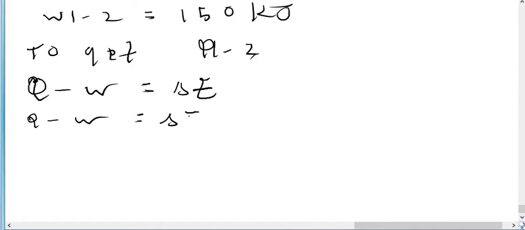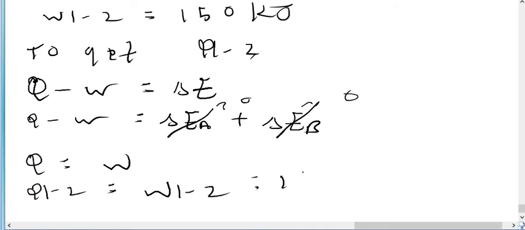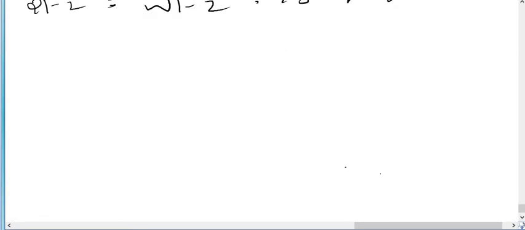It is the same as dE A plus dE B. Temperature is constant in A, also temperature is constant in B. So therefore the heat transfer is equal to the work transfer, which is 150 kilojoules. So that is the heat transfer.